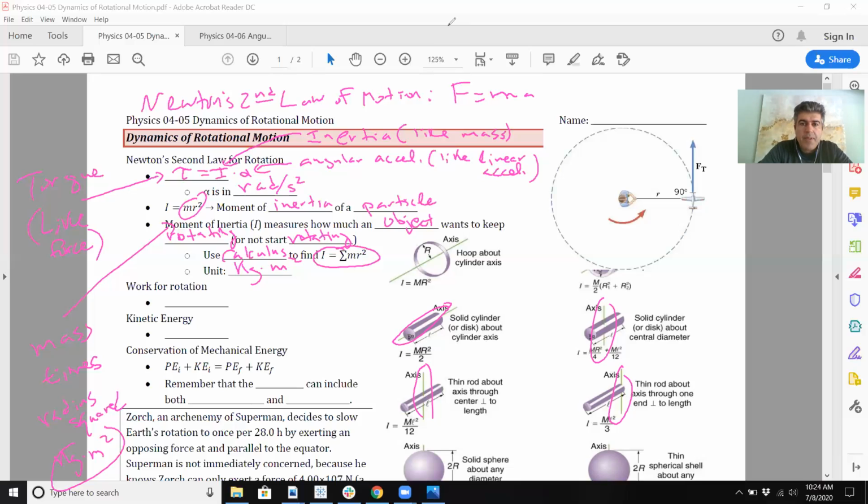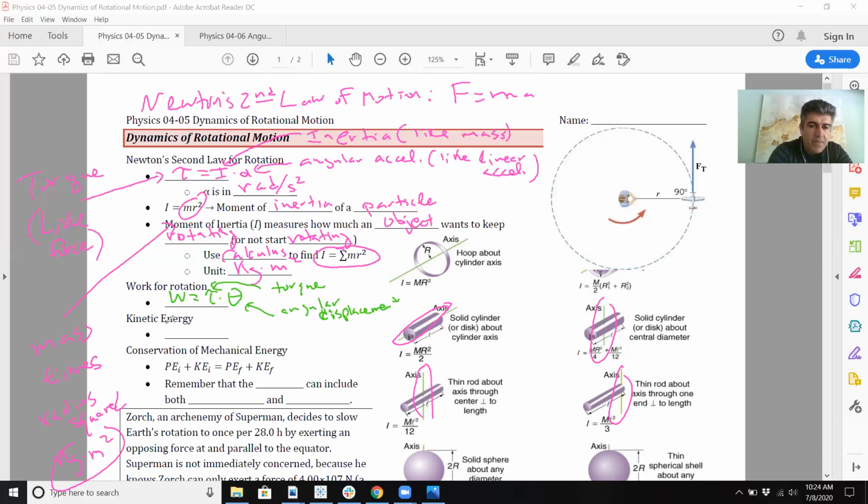Anyway, let's keep moving here. So work for rotation. Remember, work is like energy. So it's like your force times distance, or in this case, our torque times our angular displacement. So that's going to be work, is a torque and that's going to be our angular displacement.